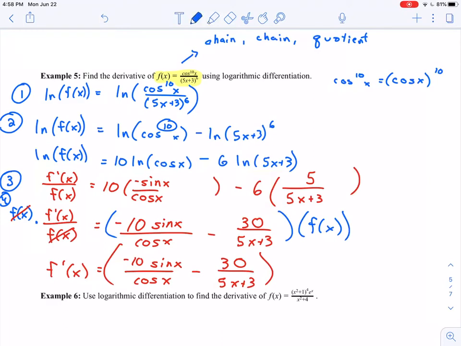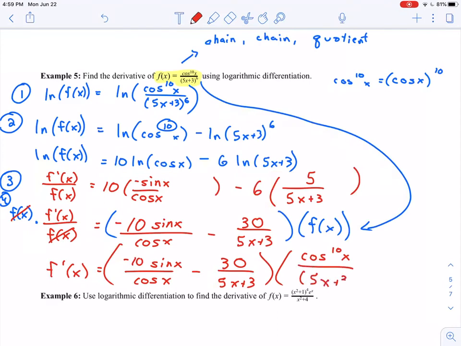I'm literally going to take this piece right here, my original function, and just plug that in for my f of x. So times, and I'll do this in red just so that we see that this is all one expression, times cosine to the 10th of x divided by 5x plus 3 raised to the 6th power.